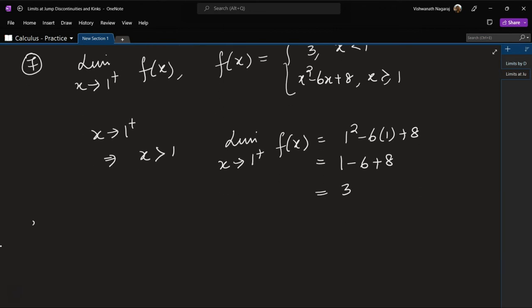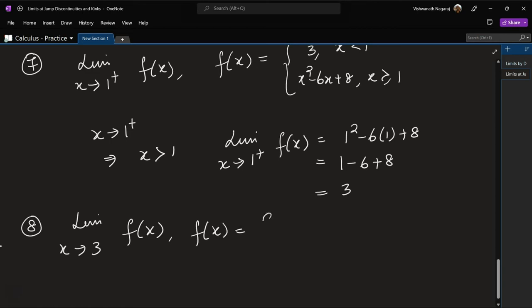Okay. Eighth one: limit as x approaches 3 of f(x), where f(x) is equal to minus x plus 1 when x is less than or equal to 3, and minus 2x plus 4 when x is greater than 3.